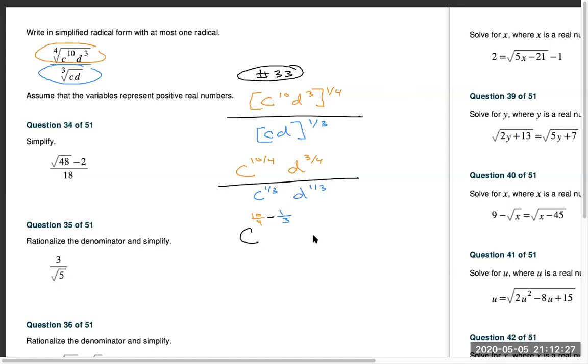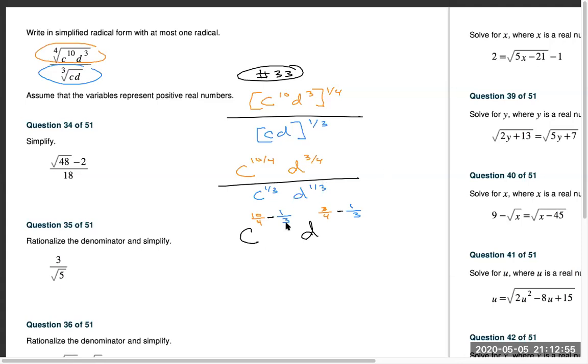And then you're going to have D to the 3/4 minus 1/3 for the power. So for this part, you can just use a calculator for it, or you could actually add the fractions up.